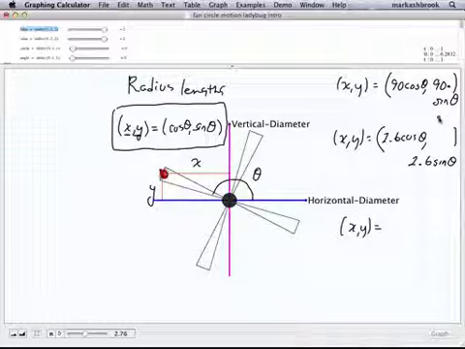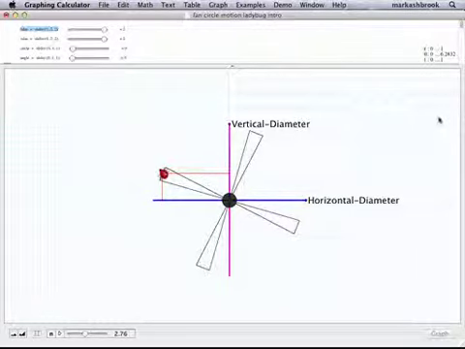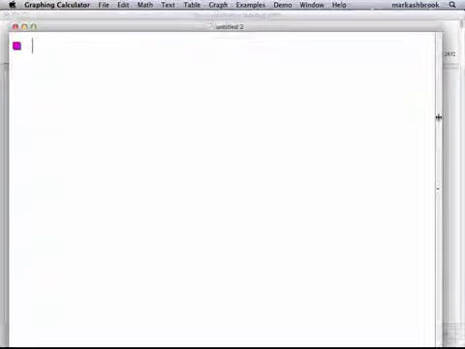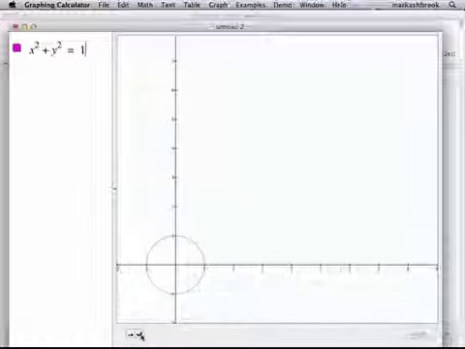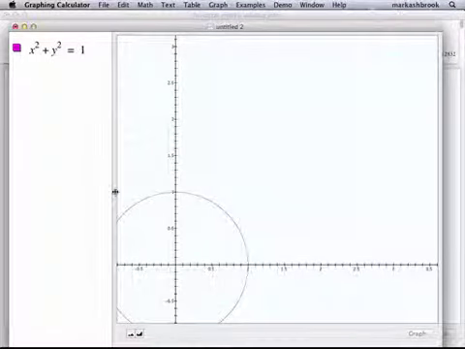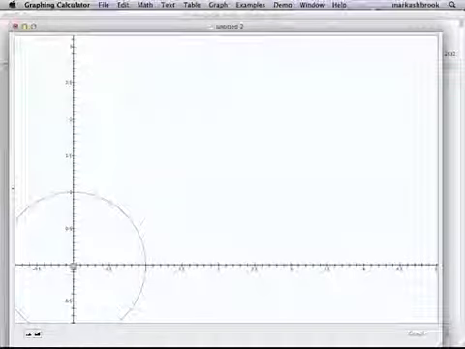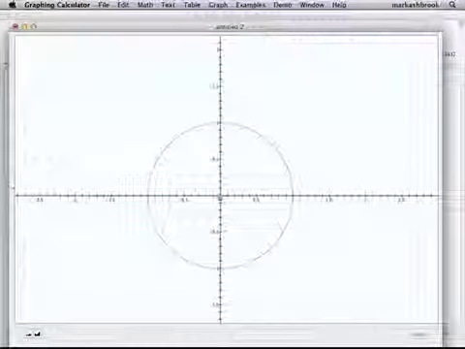Okay, so let's look at a new example here. So, just open up a new screen. Okay, so here's a circle.